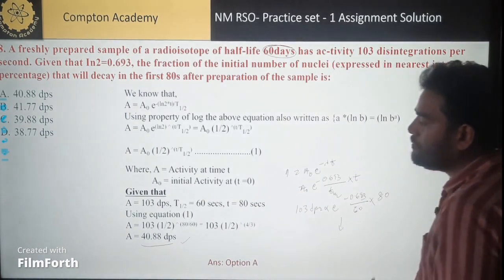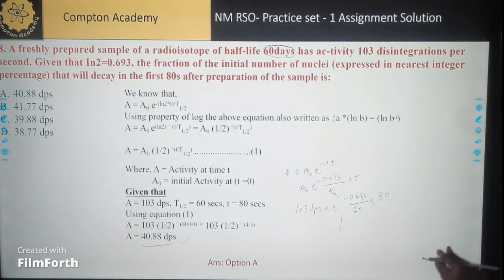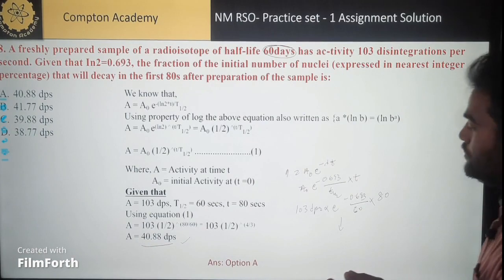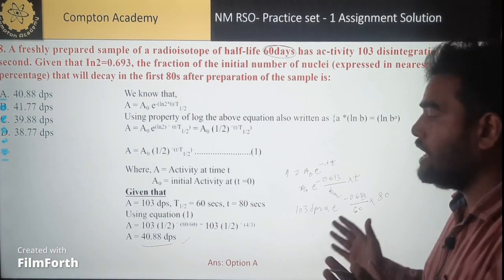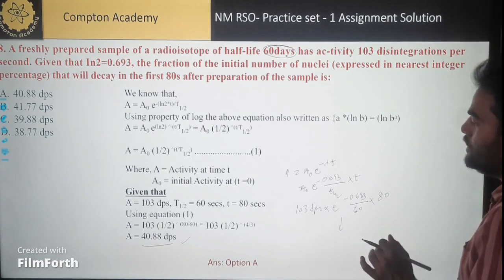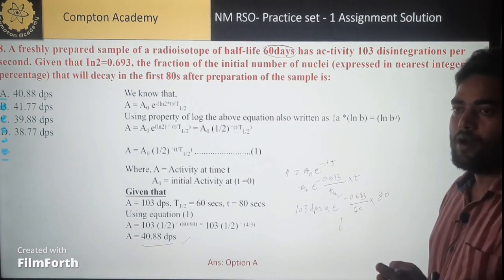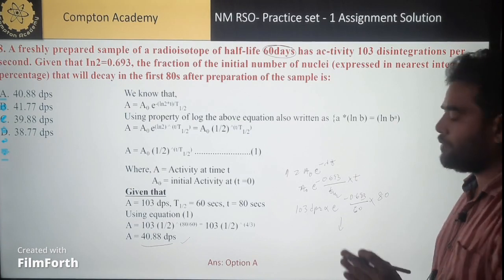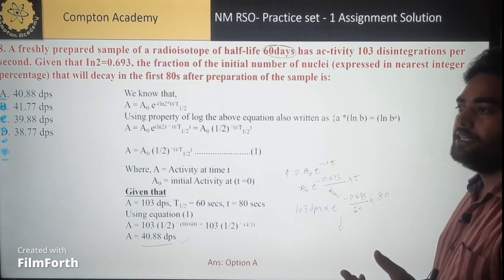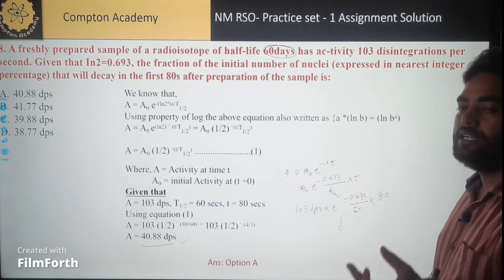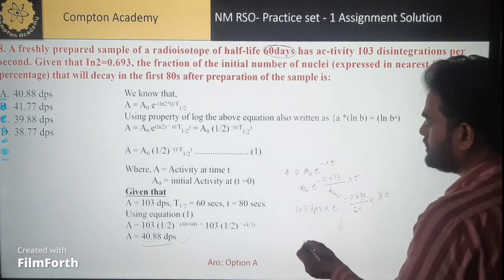There is another way to calculate this, as we have already explained in the previous question for the HVL calculation. Similarly for the activity we can calculate. Suppose the half life of any radionuclide is provided, and after a certain time the activity is asked, then you can do it in a short way.